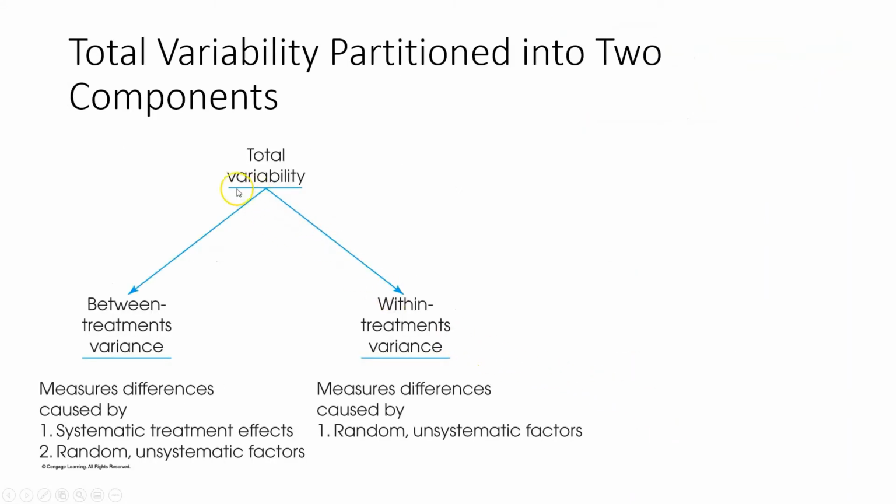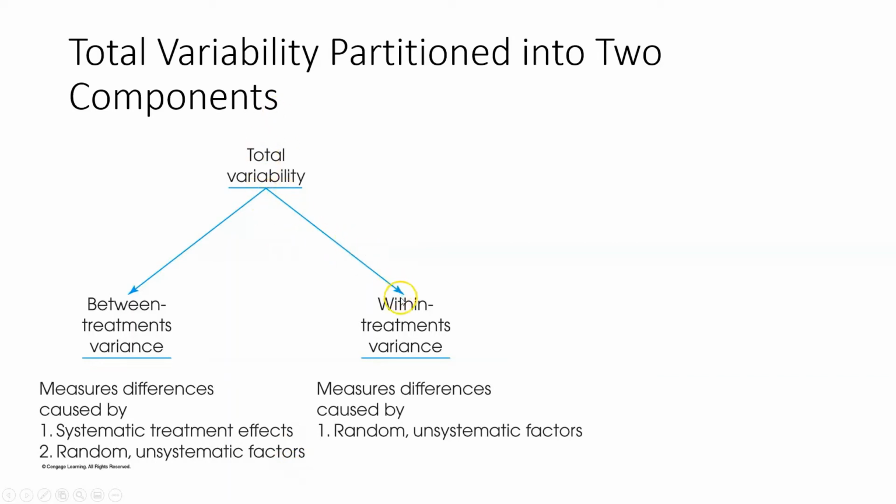In order to do that, we take the total variability and we split it into these two parts, the between treatments variance and the within treatments variance. Just like we talked about on the last slide, between treatments variance are those differences that are between the conditions, the difference between 4 and 1 and 1. But those differences can be chalked up to two sources of variability. One is the systematic differences because of treatments, like which kind of phone you use, and the other source is random individual differences and unsystematic factors.